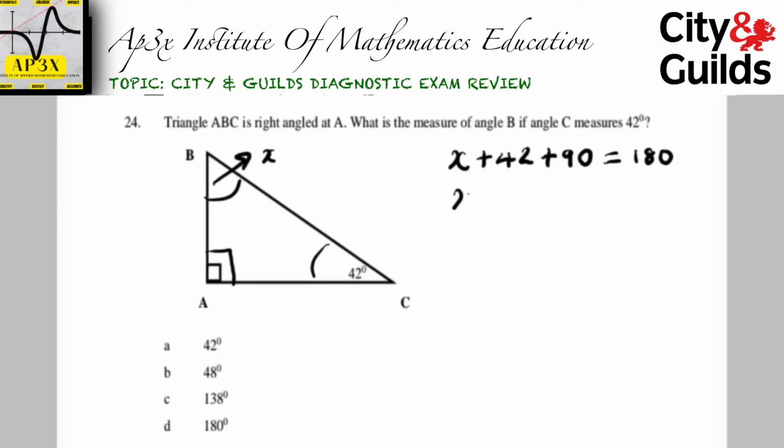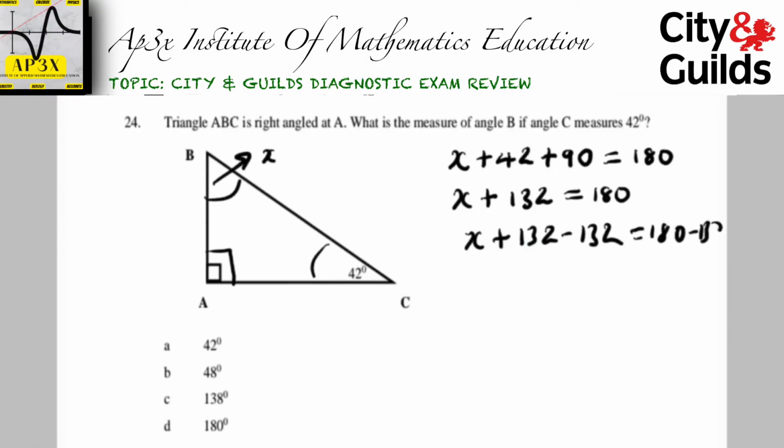So then X plus 90 plus 42, when we add that together in your own way, you're going to get 132 degrees. That's equal to 180. So then we can isolate the X simply by subtracting 132 from both sides. So that's 132 minus 132 on the left, and that's 180 minus 132 on the right.